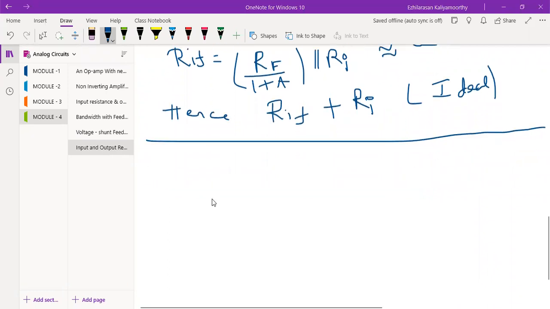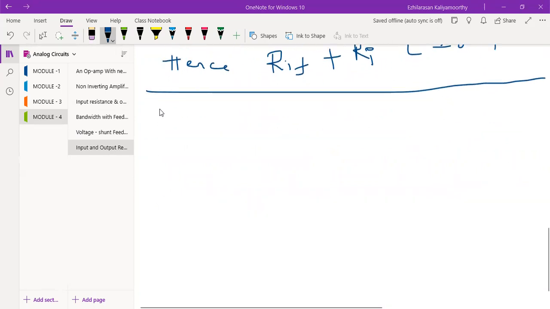Now, next, let us find out the output resistance with the feedback.